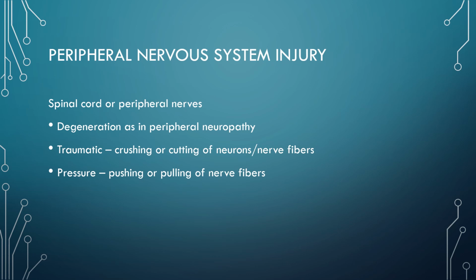That's traumatic and cuts the neurons at the skin level. And then you can have pressure injuries, pushing or pulling of nerve fibers, and I think specifically of spinal cord injuries when I think about pulling or pushing with pressure.